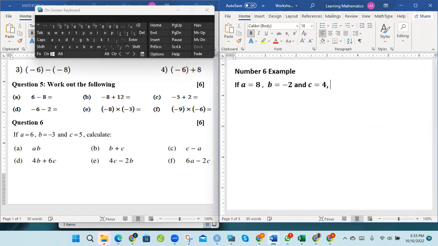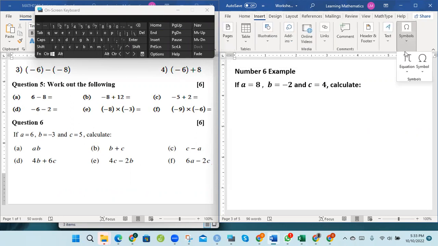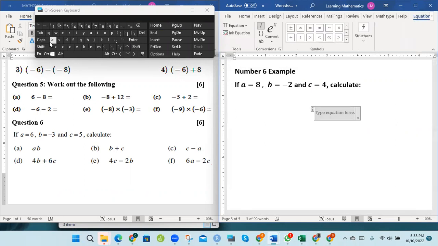Calculate AB. So AB is equal to A, which is 8, times B, which is negative 2. Oh, by the way, this is kind of substituting, and I always normally recommend when you're substituting, use brackets. Use brackets to convert the letters to brackets and substitute into the brackets.